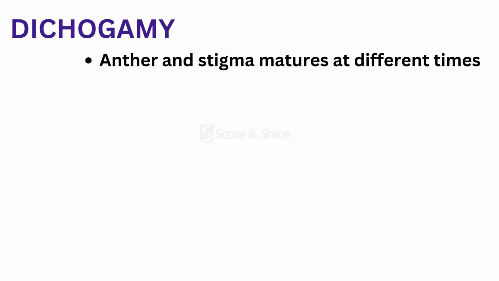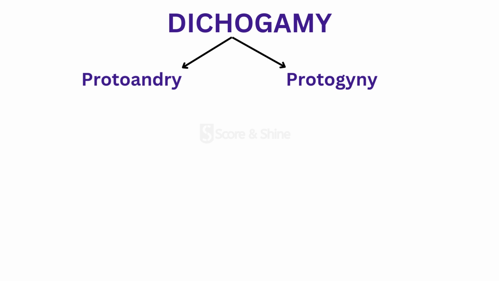And next, dichogamy. Dichogamy is the condition where anther and stigma of a flower mature at different times, which means the male and the female part of a flower mature at different times, and this is of two types, Protoandry and Protogyny.